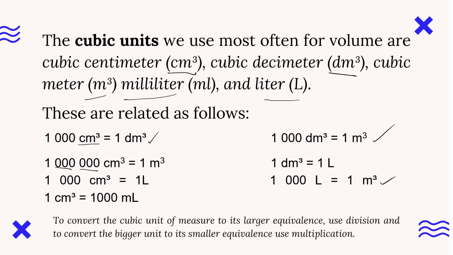So, to convert the cubic unit of measure to its larger equivalents, use division, and to convert bigger unit to its smaller equivalents, use multiplication. Yan. Kapag mas malaki ang i-convert mo to mas maliit, kailangan nating mag-multiply. Kapag mas maliit, papalaki naman ang conversion, mag-divide tayo.